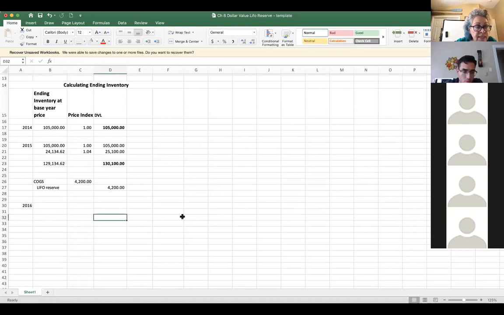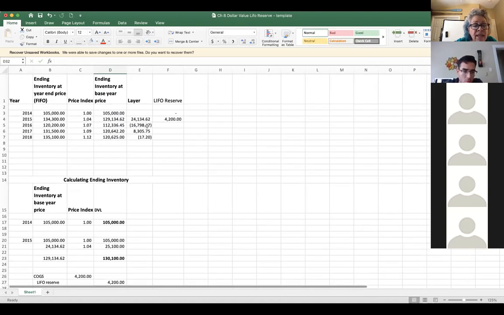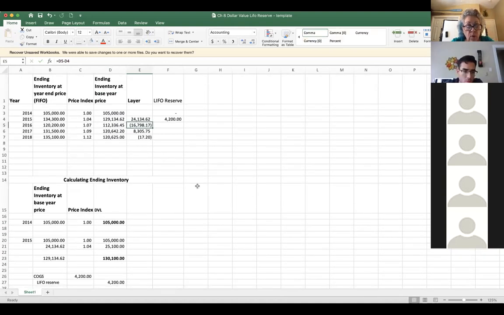In 2016, we had a liquidation. We liquidated a layer. So in 2015, we had 2 layers at base year price, the 105 layer and the 24 layer.